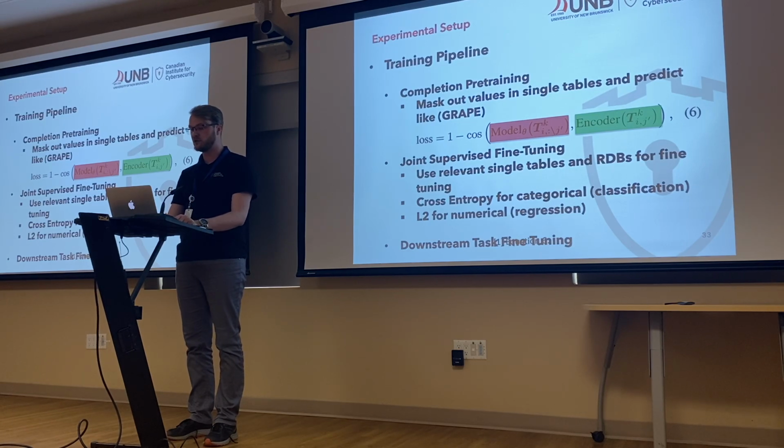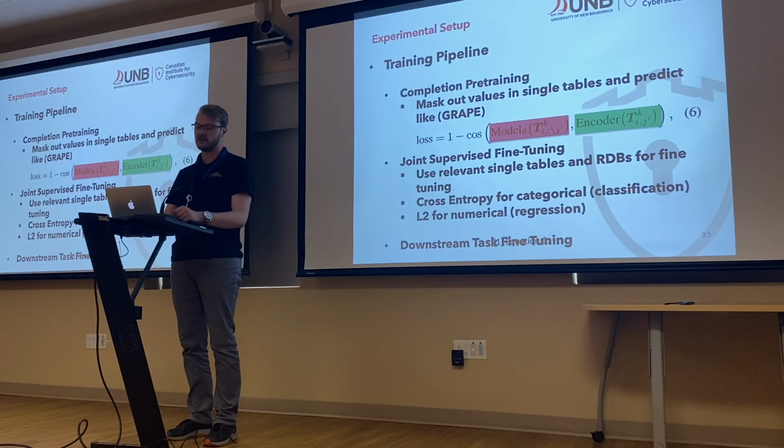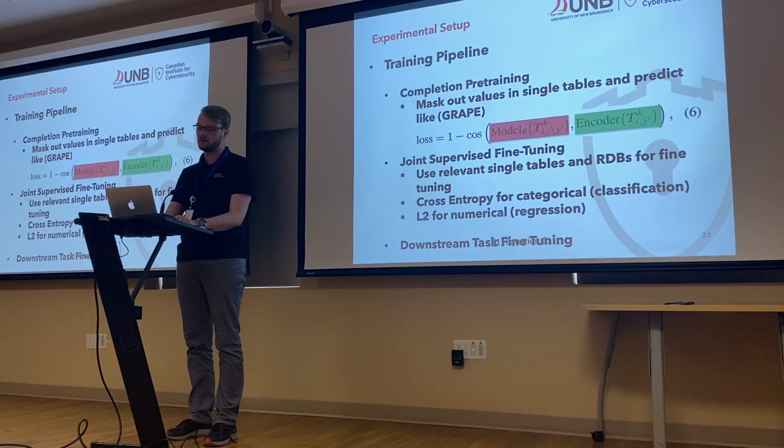Afterwards, they perform a joint supervised fine-tuning using all of the remaining relational databases and I guess some of the single tables as well. Here they use cross-entropy loss for the categorical or the kind of classification-based tasks, as well as the L2 norm for numerical or kind of regression tasks.